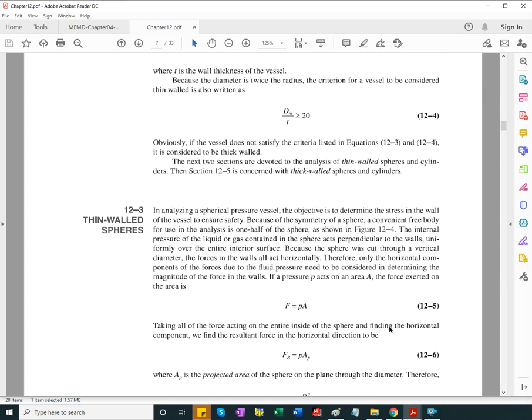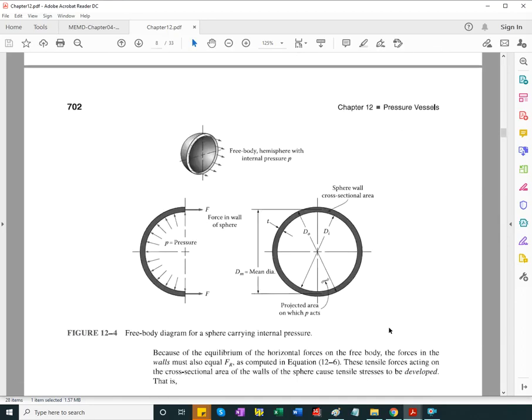Okay, so for spheres, in order to find the stress on the walls of the sphere, we're assuming a section through the center of the sphere, not offset, and it could be in any orientation as long as it's through the center, and of course the wall is assumed to be even throughout.